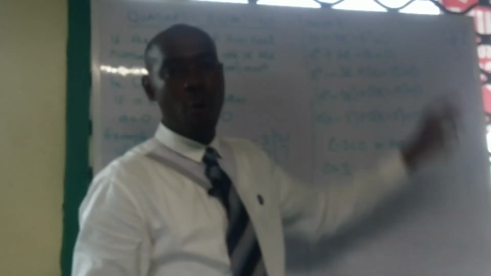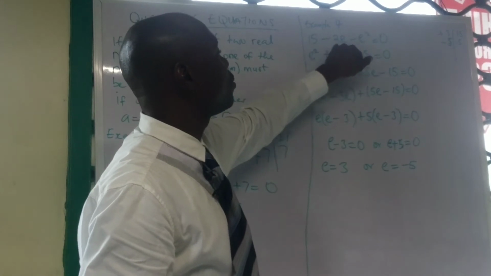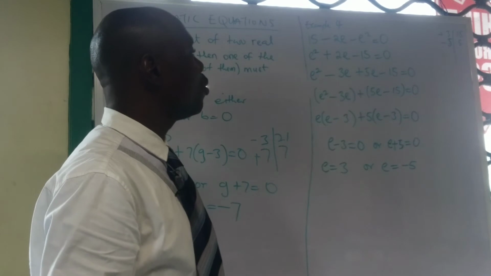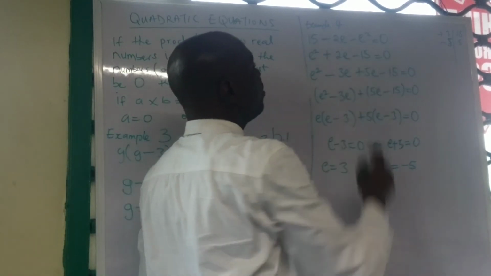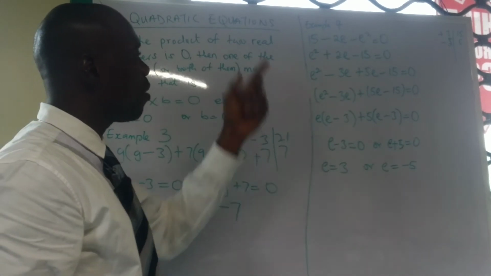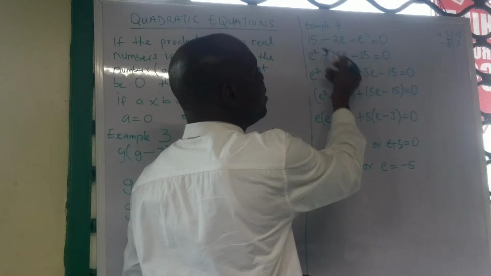Let's go to example 4. We have 15 minus 2e minus e squared equals 0 here. You know this equation is different from the equations we had in our first video. So we are looking for how to rearrange this thing.